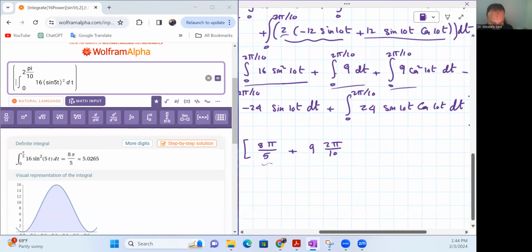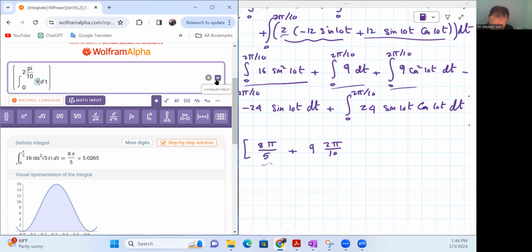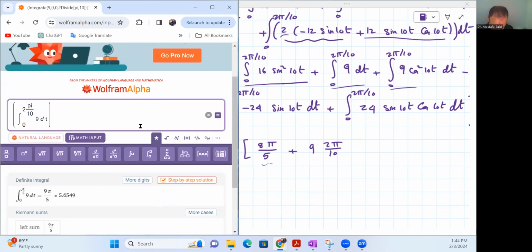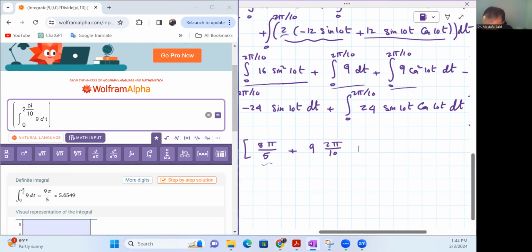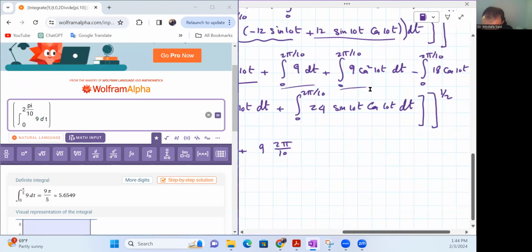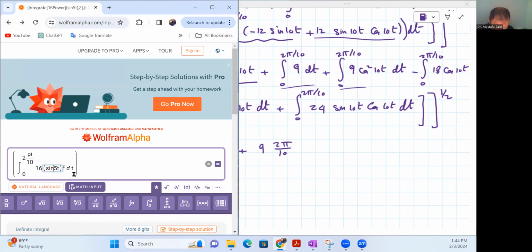So we're gonna have here 9 pi over 5. 9 multiplied by 2 pi over 10 is 9 pi over 5. The third term is 9 cosine, so 9 here. Now we can go back.